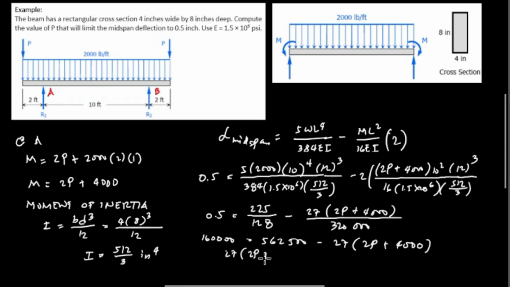27 times 2P plus 4,000 is equal to 562,500 less 160,000, so that's 402,500, and simplify, so that's 2P plus 4,000 is equal to 402,500 divided by 27, which is 10,907.4, and P is equal to 10,907.4 divided by 2, that's 5,453.7, and the unit is in pounds.